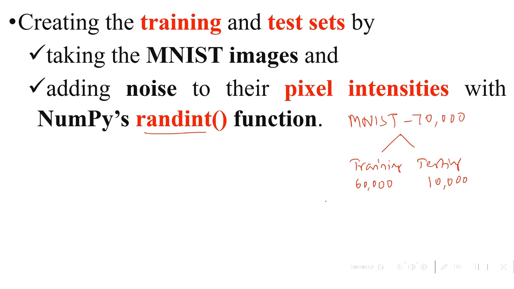Each image contains 784 features, indexed 0 to 783, so totally 784 features. These 784 features are represented by values between 0 and 255, and we are going to add some noise to these pixel values with the help of the randint function.